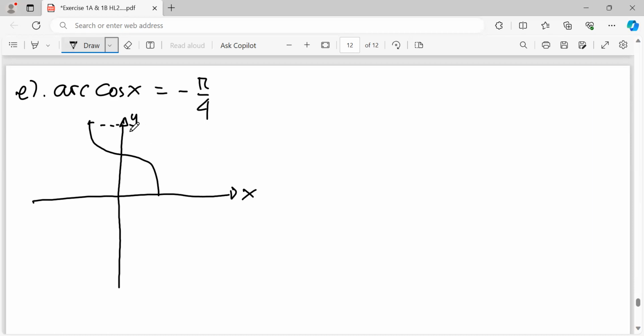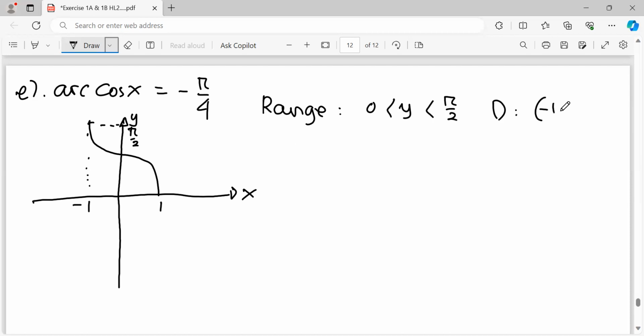It ended on pi half. This is 1. This is negative 1. So range y from 0 to pi half. Domain minus 1 to 1.